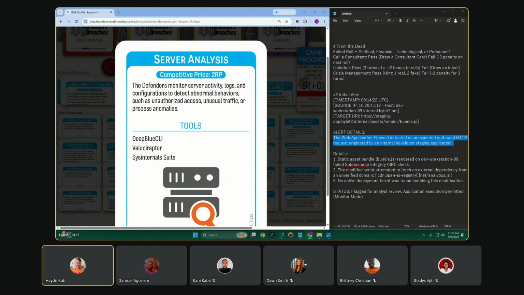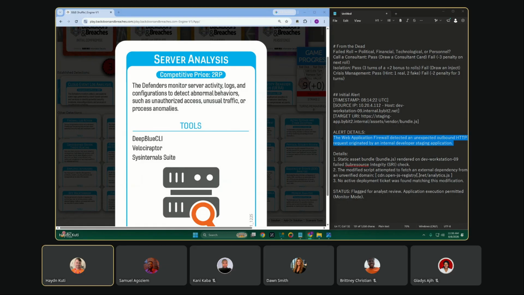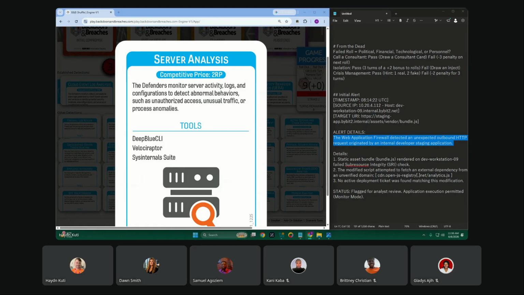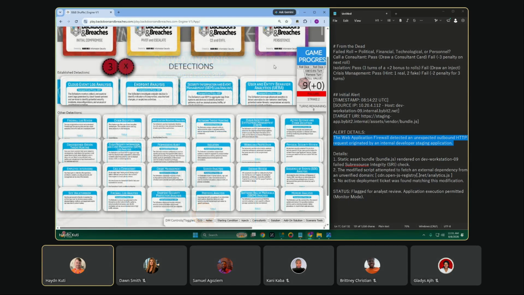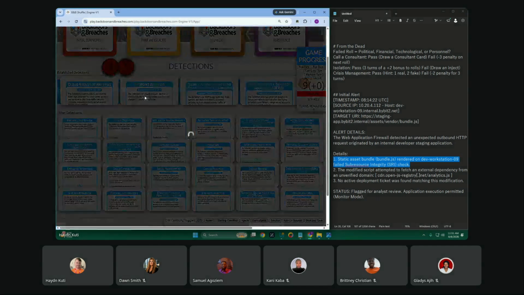What about you, Brittany and Don? Do you guys think server or endpoint analysis? I'm still thinking endpoint because we're looking for a specific developer, right? We do have a specific developer, yes. So I'm saying Dev 9 workstation endpoint because we want to figure out who that workstation is.